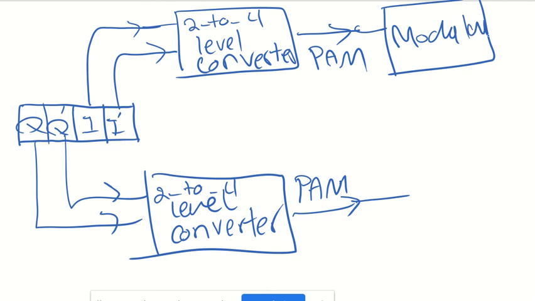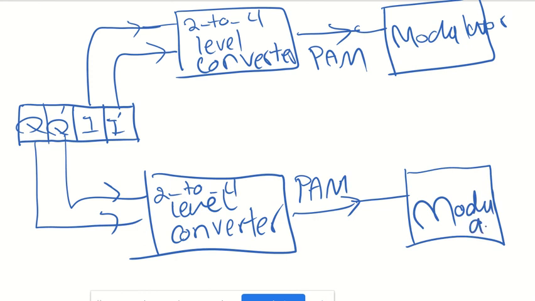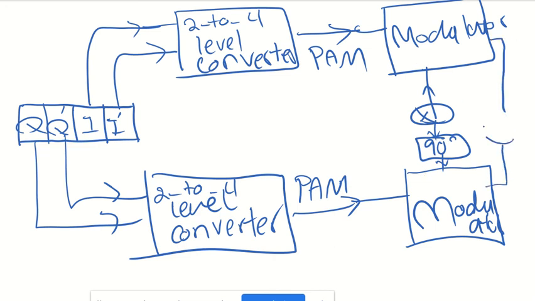For QAM, one of them is sine, the other one is cosine, because they should have a 90-degree phase shift difference. So if this is cosine, this is sine. And then the summation of them will be sent.